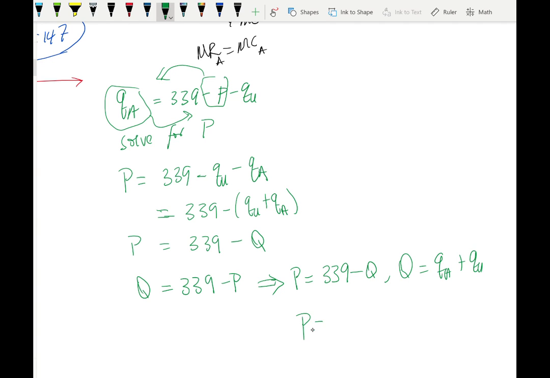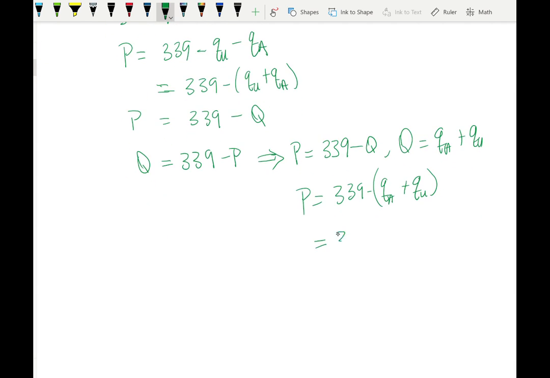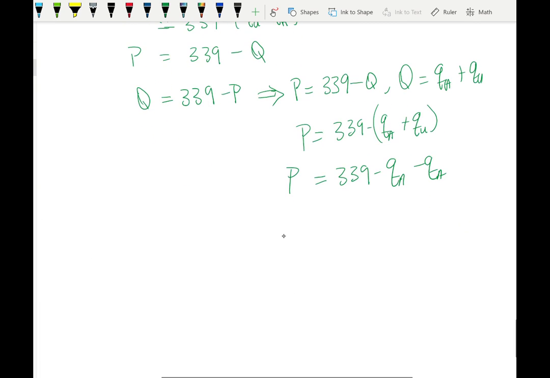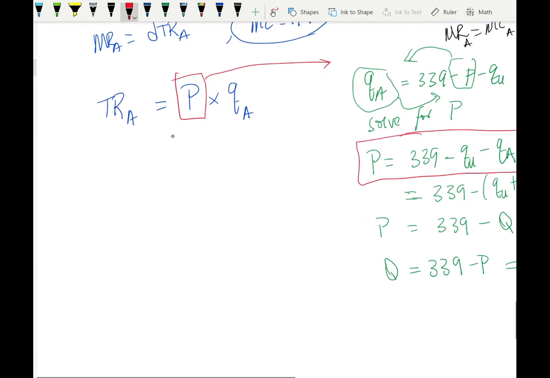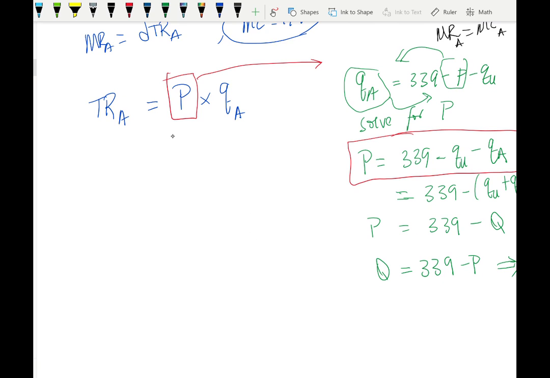So P is equal to 339 minus QA minus QU. If you've been watching my videos, you know at this point I always like to have checkpoints for my work. That's a great checkpoint there. Okay, so we're coming back to this. We have that P is equal to 339 minus QA minus QU.